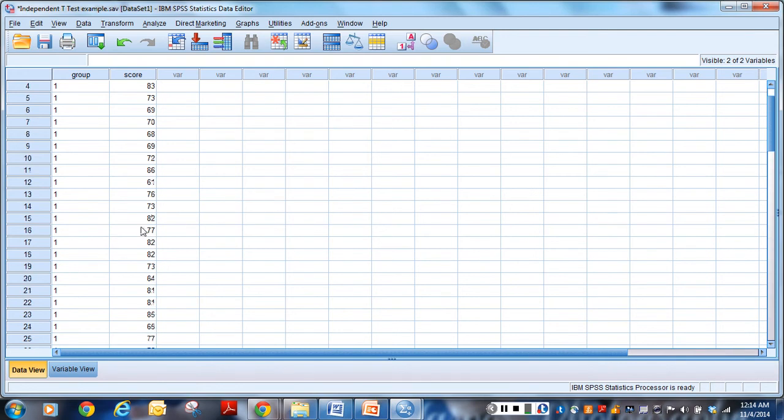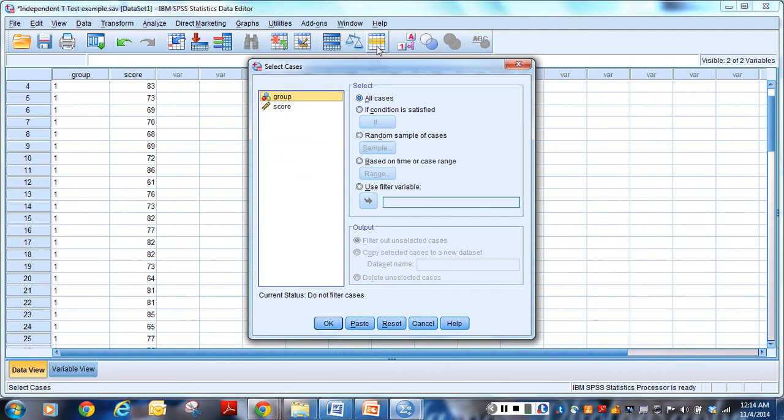The way that we can do that is, if you click on this little icon here, this little icon stands for select cases. So go ahead and click on select cases. Then click on if condition is satisfied, and click on if.